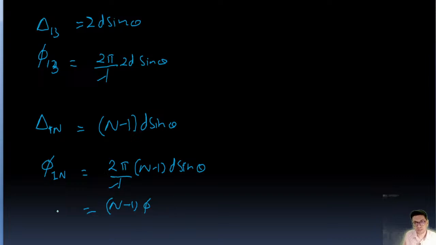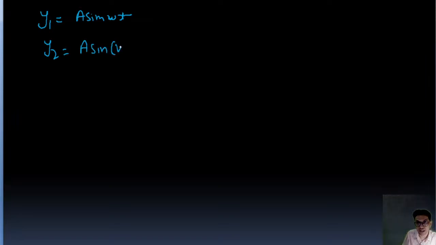So we can write phi 1n is going to be n minus 1 phi. Here we'll let the first wavelet be y1 equal to a sine omega t, and y2 is a sine omega t minus phi 1.